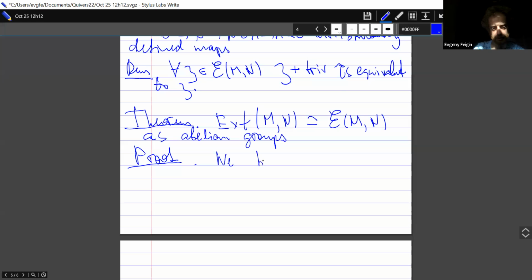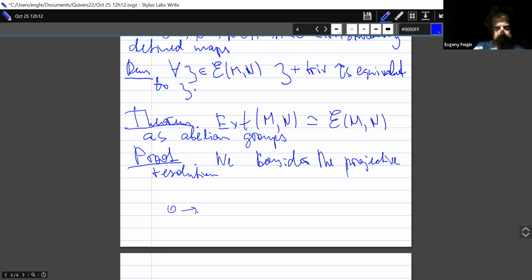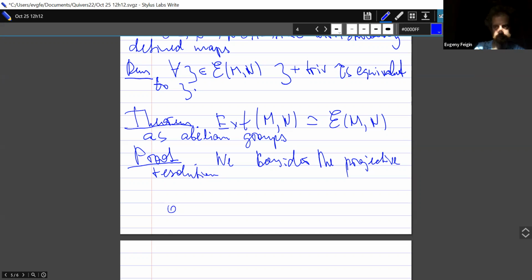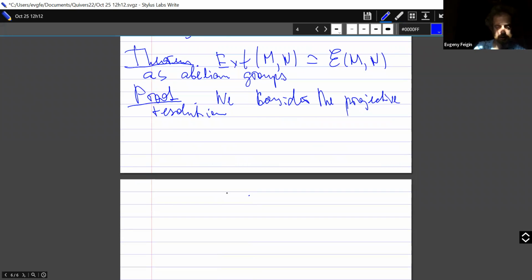We consider the projective resolution, 0 to P1 to P0.